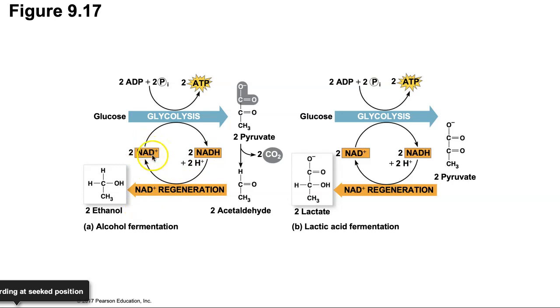So that means this molecule can go back to new glucoses that are coming into the cell and being broken down via glycolysis, and now we have a reusable cycle here with the NAD plus regeneration, and that's very important. So that is alcohol fermentation, right? We begin with glycolysis, and then there is an NAD plus regeneration cycle here, and pyruvate gets turned into a new molecule, acetaldehyde, which then gets turned into ethanol.